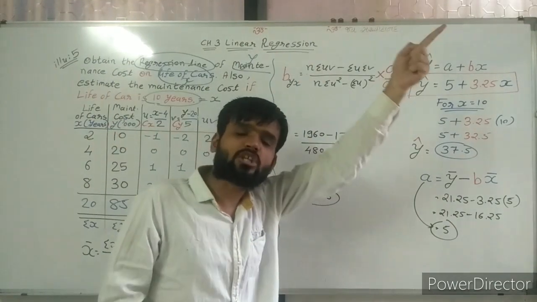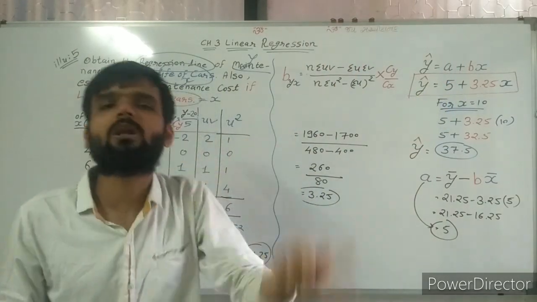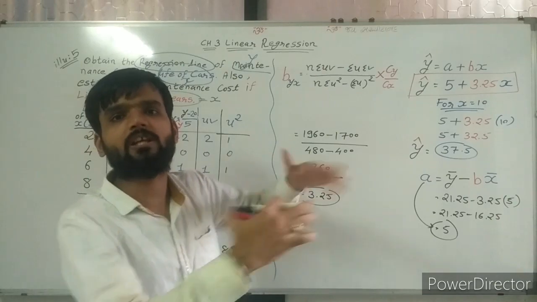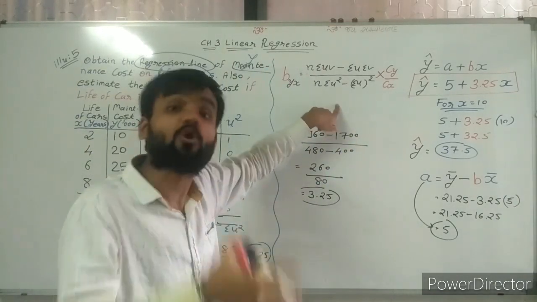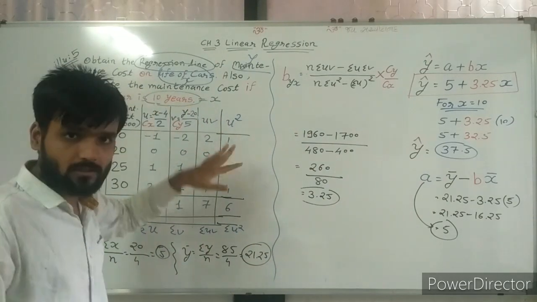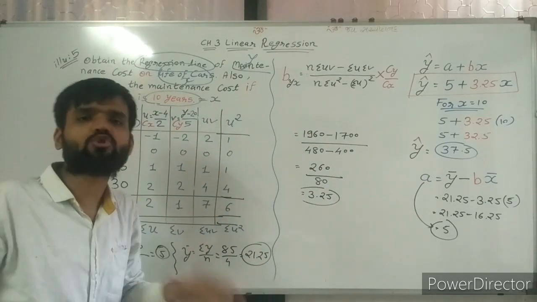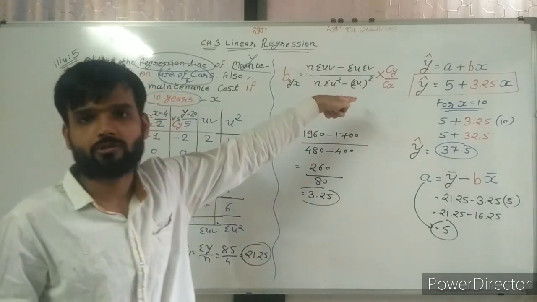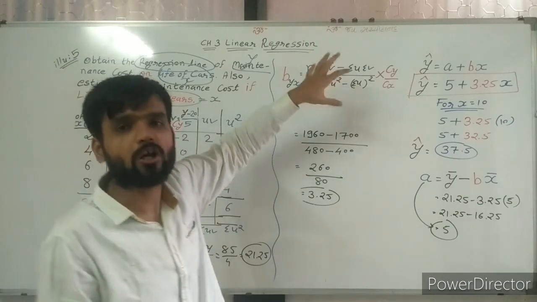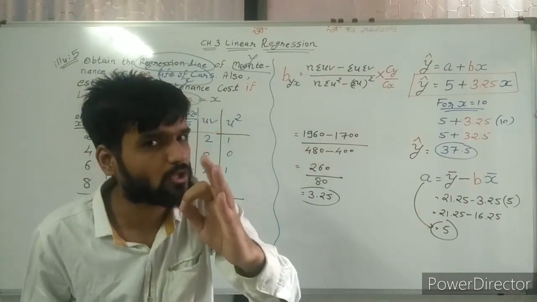In correlation coefficient, R cannot be changed by dividing or multiplying, because it is free from origin and scale. Free from origin means by subtraction or addition there will be no change. But by dividing and multiplication there will be change, and that's why it is not free from scale. That is a 1 marker question also.